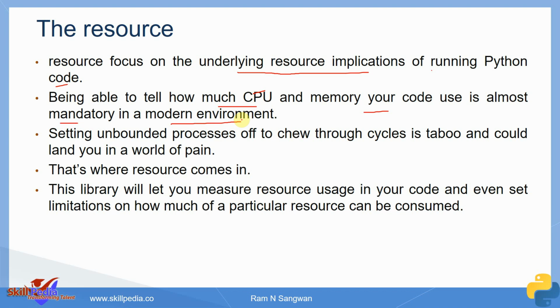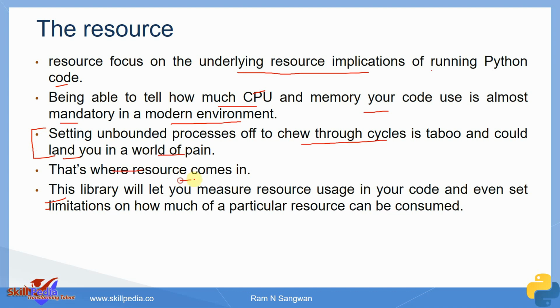So that will not be an ideal situation because you end up paying more because your program will horizontally or vertically scale up. So your focus should be the code, how efficient your code is. That should be the focus area. Setting unbound processes off to chew through cycles is taboo and could land you in the world of pain. Correct, 100%. This is what I'm trying to convey.